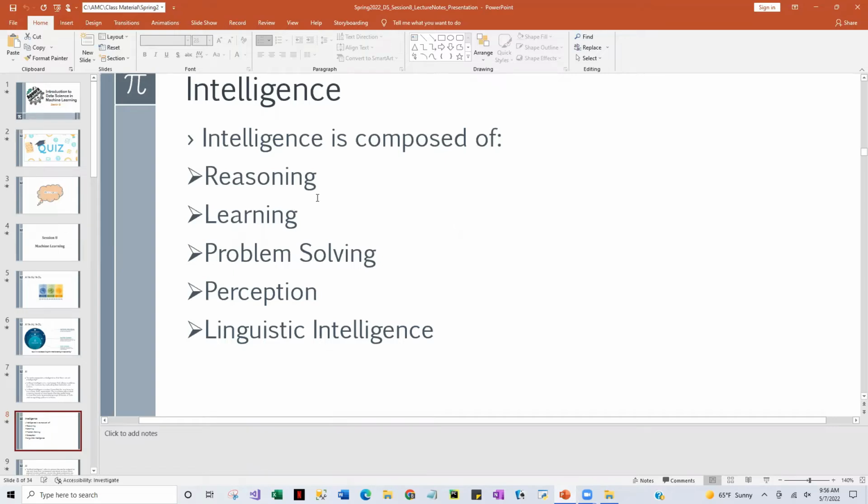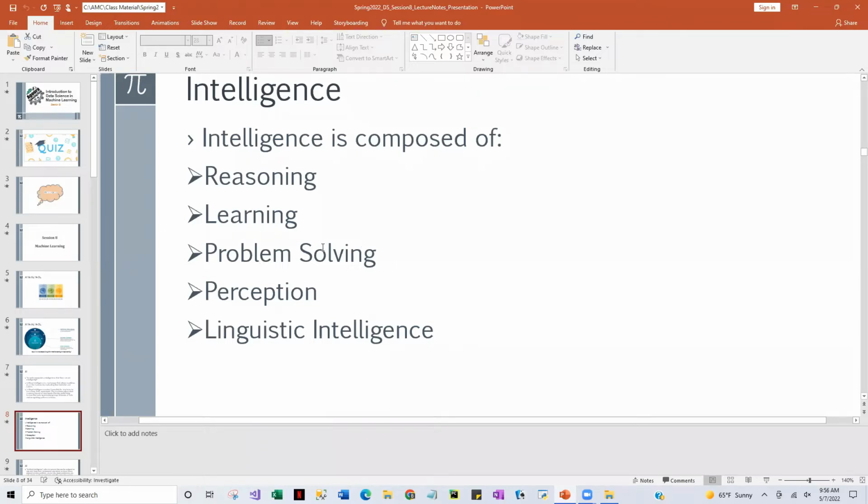Okay, so this learning is part of the intelligence piece, and now we are giving AI the same piece. We are telling the car to drive, and it is going to take that experience and learn from it. Problem solving: if anything unexpected comes, we need to solve it, along with perception and linguistic. All these comprise intelligence.